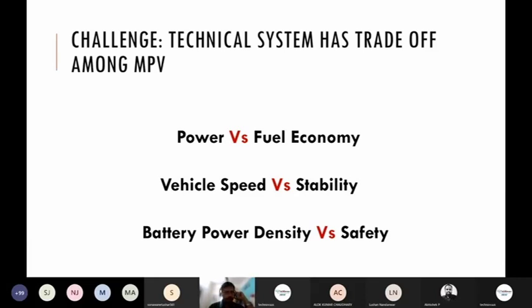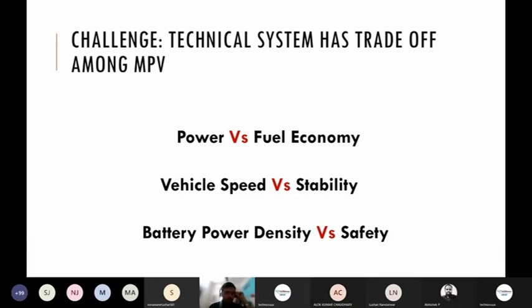Power versus fuel economy. This is a traditional, conventional trade-off: the bigger the vehicle, the bigger the power, and traditionally we end up compromising the fuel economy. Vehicle speed versus stability, right? You can't just increase the speed as much as you want and take a sharp corner.